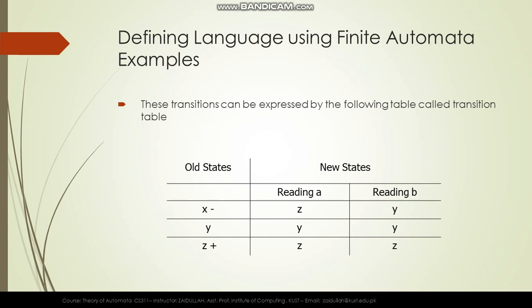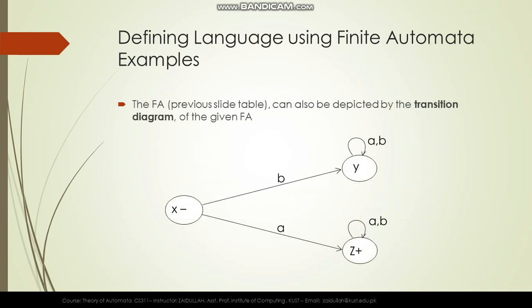The starting state is x minus and the ending state is z plus. The starting state is identified using minus and the final state is identified using plus, and the transitions are listed under each column. The same transition table can be represented using a transition diagram, which is exactly according to the same table and the same finite automata in the previous two slides.